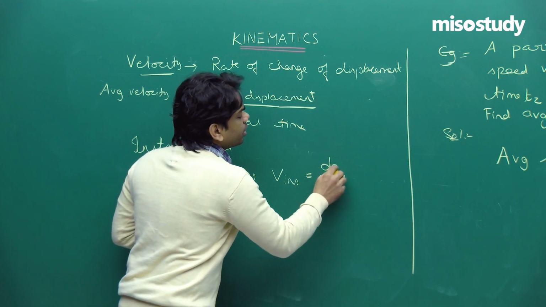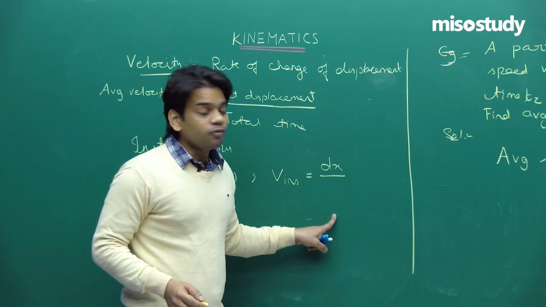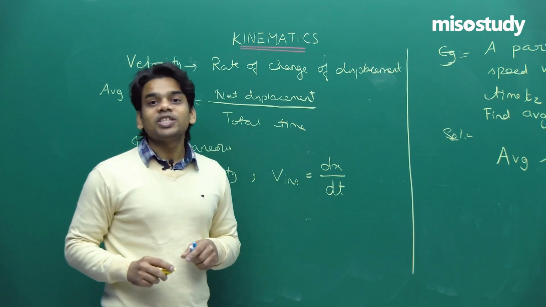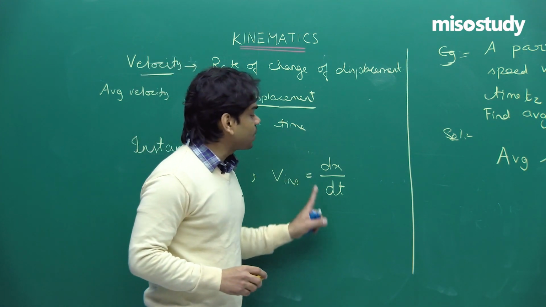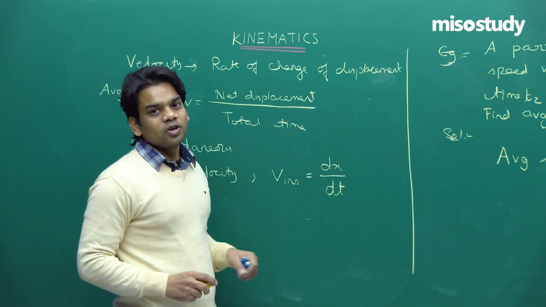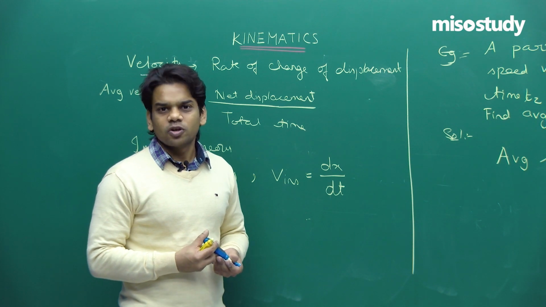I told you, when we measure a change with respect to time, we can depict that change at that particular moment as a differential value. So we write dx by dt. This gives the instantaneous velocity at that particular instant of time, and its direction will be the direction of change in displacement at that instant.